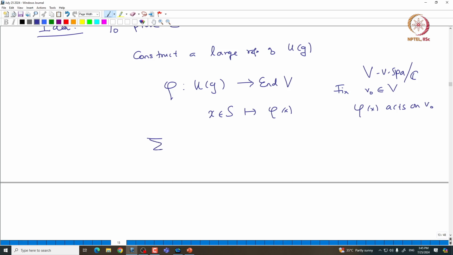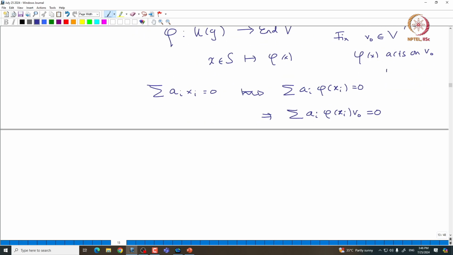Suppose we have a relation summation a_i x_i is 0, then that would imply that summation a_i phi of x_i is also 0, and that would imply that summation a_i phi of x_i acting on this V naught will be 0.